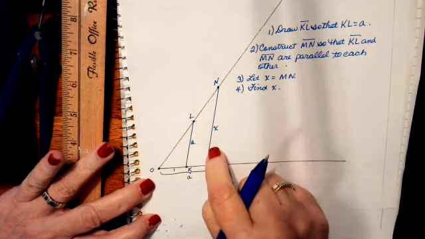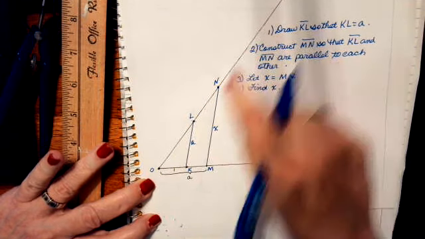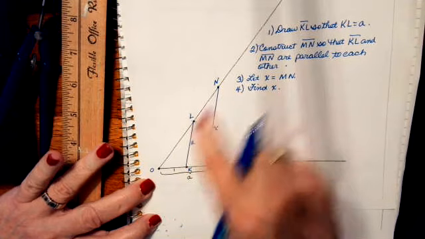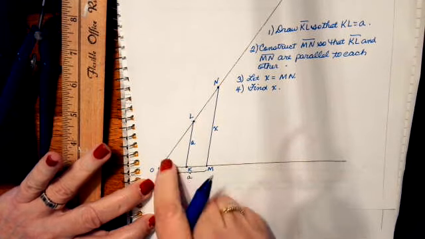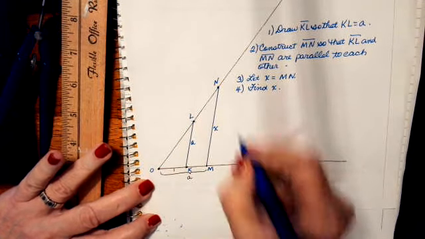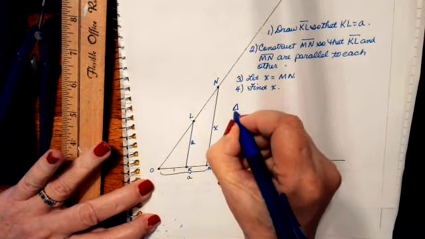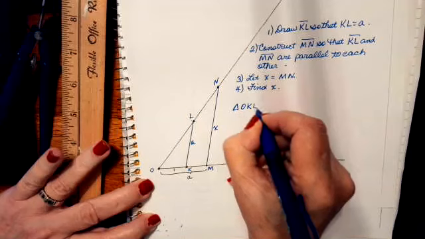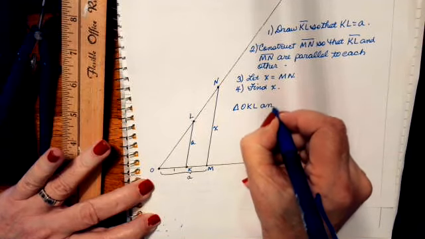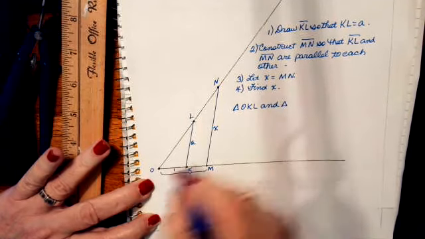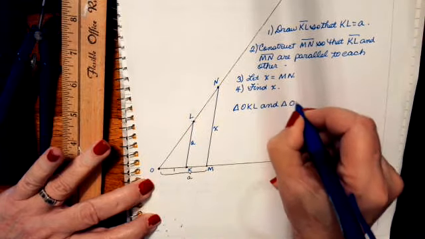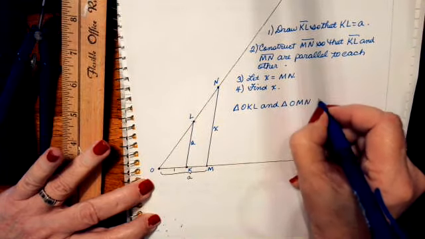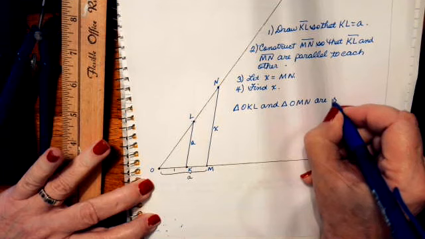These two lines are parallel cut by that transversal, so these two angles are congruent. These two triangles are similar to each other. So triangle OKL and triangle OMN are similar to each other.